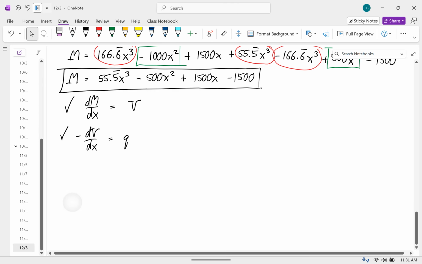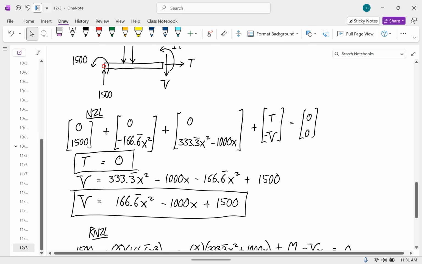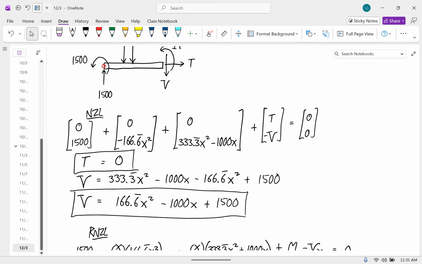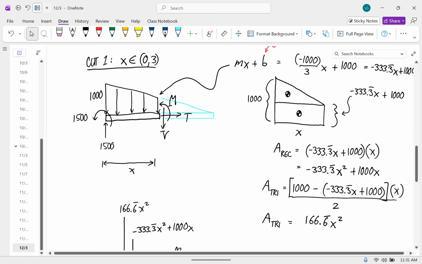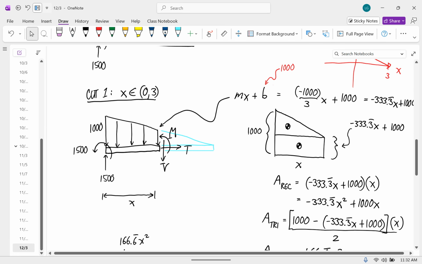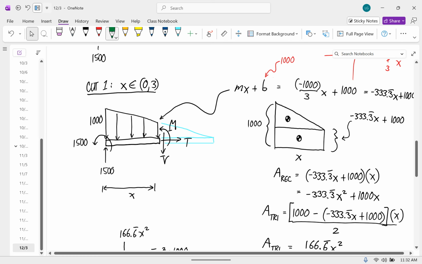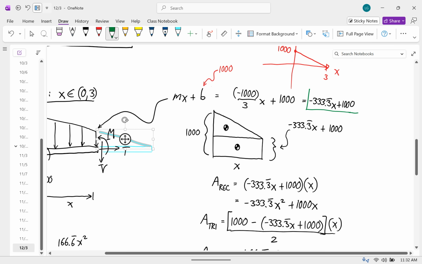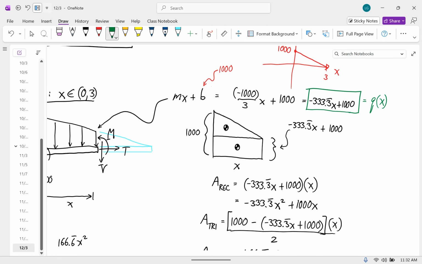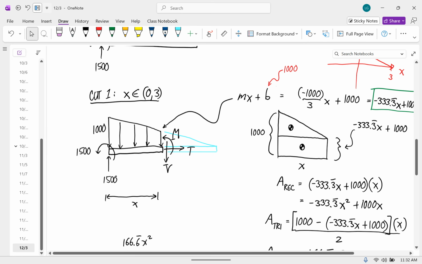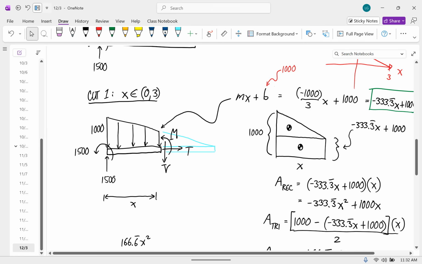Could you show us which one is our Q value? Yes. So the Q function is the height of the distributed load at any X value. For whatever X you choose, that's the height of that distributed load.